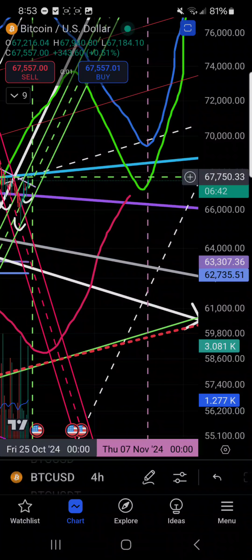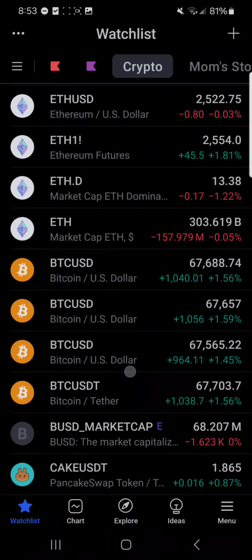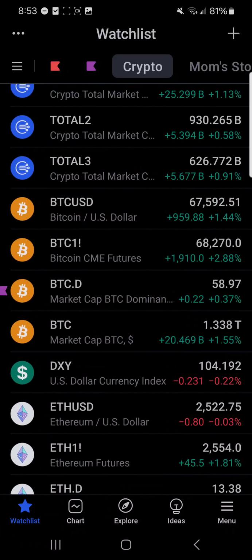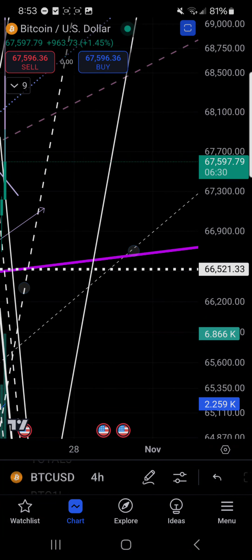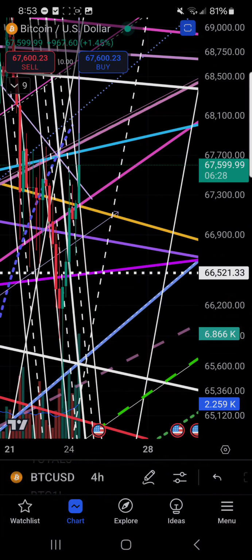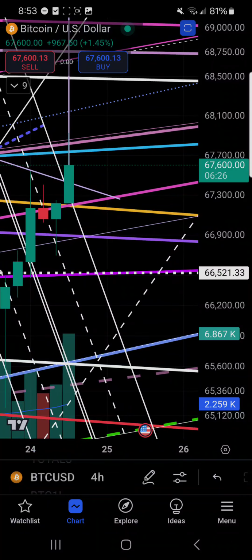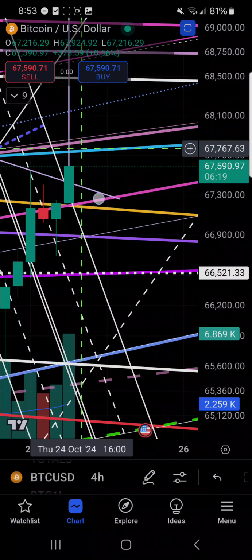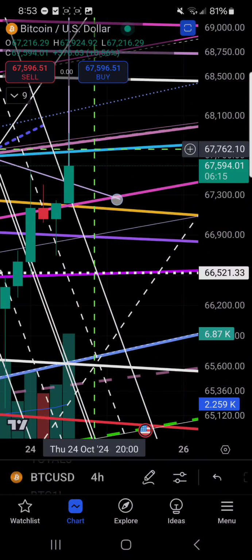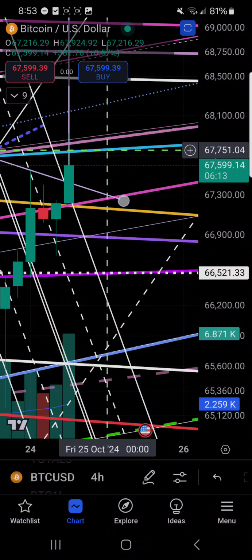And to give you a number, I got to switch back to this other chart. To give you a number, a new daily would be over here and there.